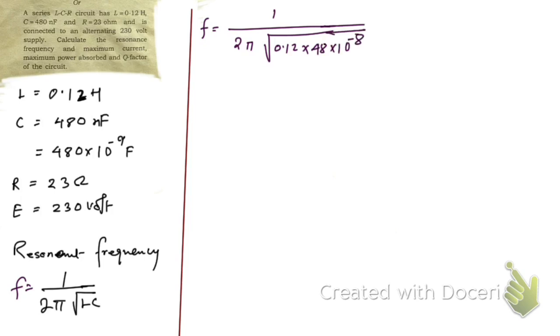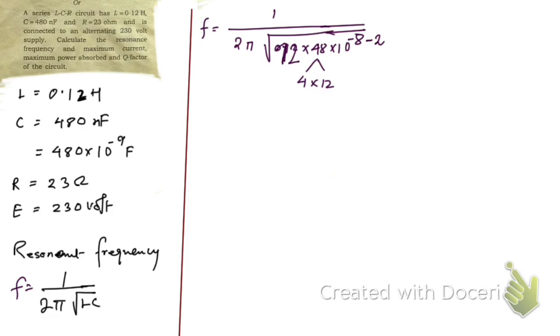Now 48 can be written as 4 into 12. Here we have 0.12, so if you make it 12 instead of 0.12, then we get 10 to the power minus 10.